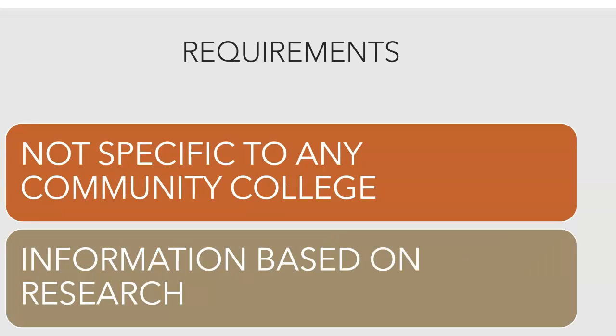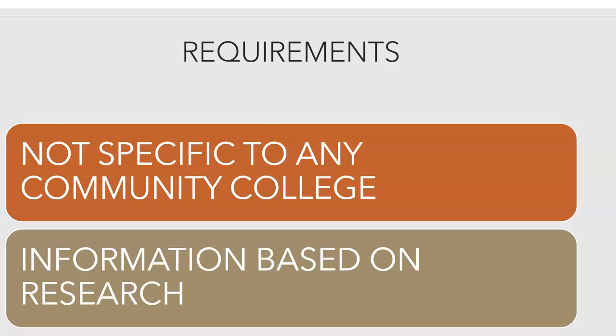You don't have to base this on any specific community college. It doesn't have to be that you did research on a community college in California, so you're talking about the student populations in that college. No, it is community college students in general.